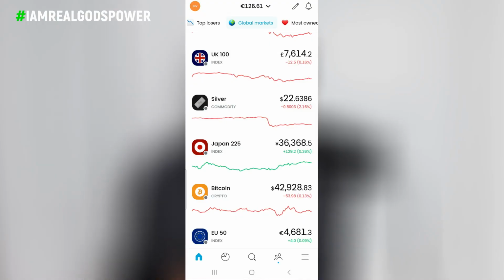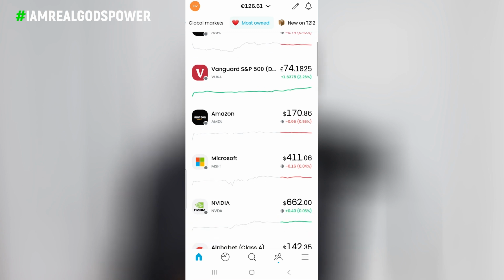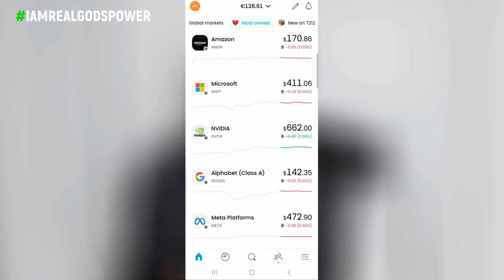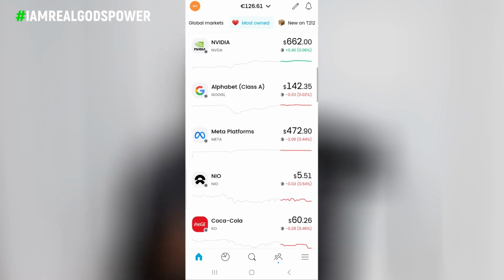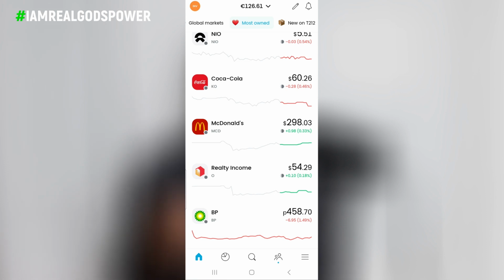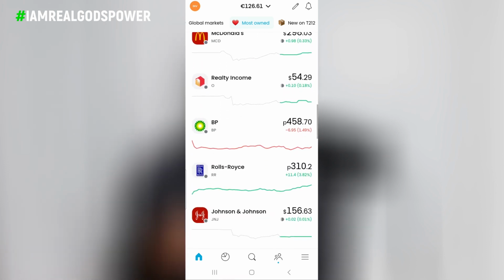But when we click on the most owned, you will see Tesla, Apple, Vanguard, Amazon, Microsoft, Nvidia, Google, Meta. You see Neo and you see Coca-Cola. Those are the stocks available on this Trading 212 app, and there are a bunch of stocks that you can invest your money in.